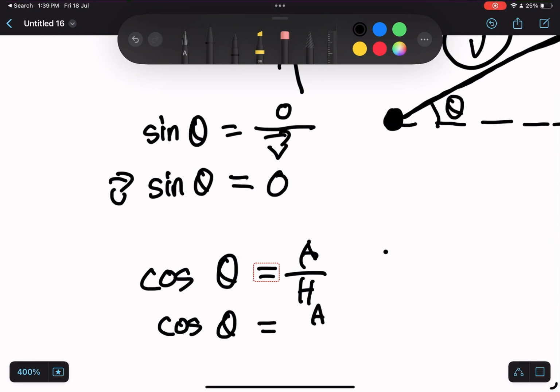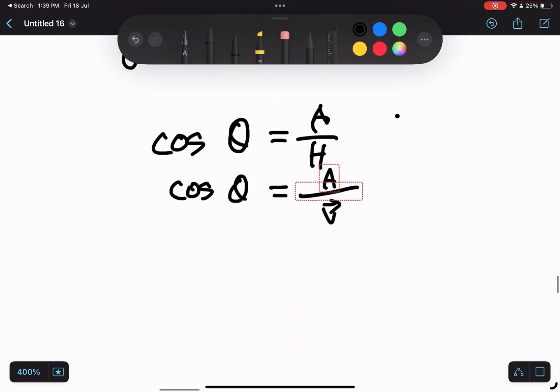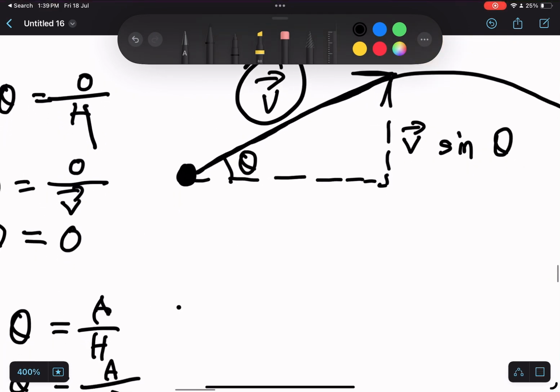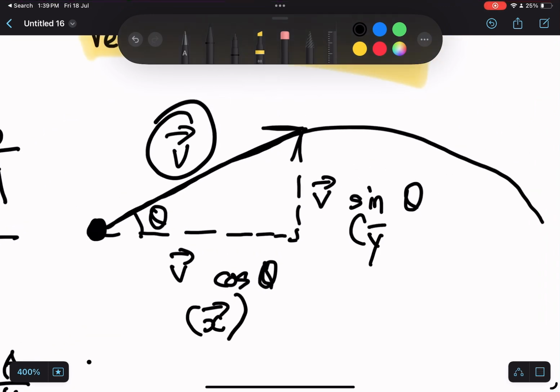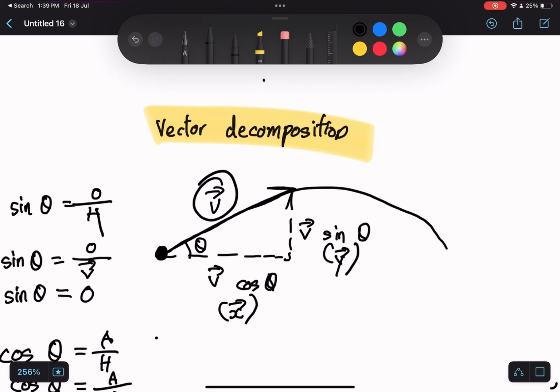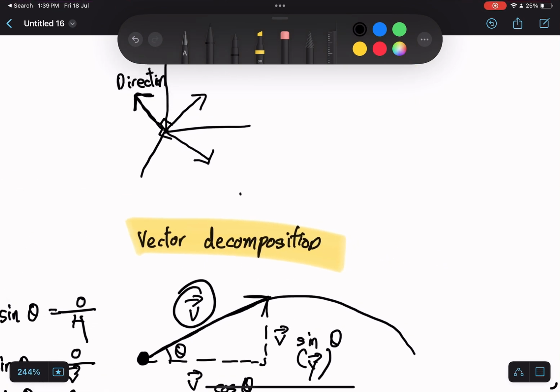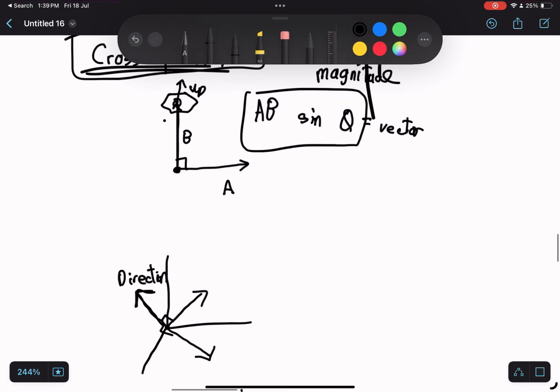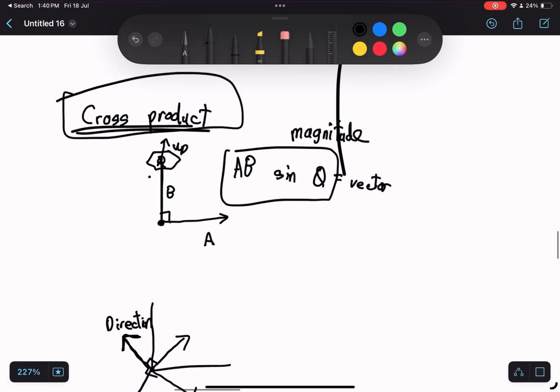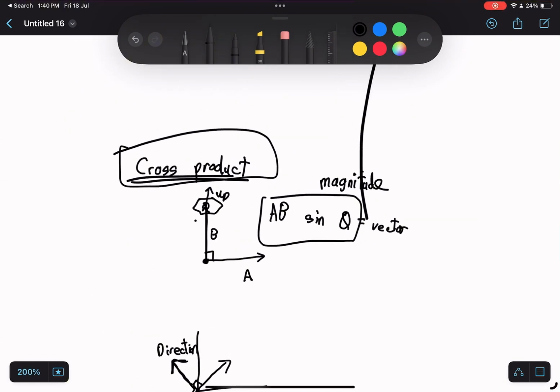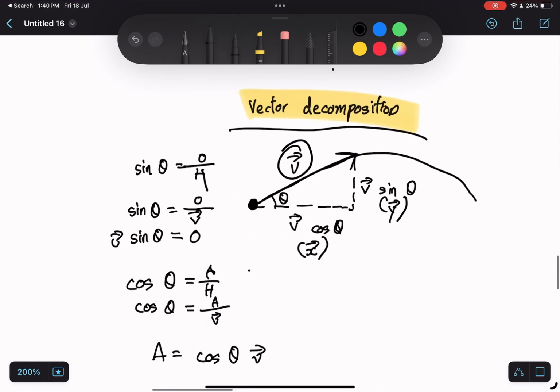Cos theta equals adjacent over velocity, so adjacent equals cos theta times velocity. And like that, we have its x-axis to be velocity times the cos of theta. And we have successfully decomposed our vector into its x direction and y direction. This will simplify problems greatly in the future, where we will not need to deal with multiple directions at once. So this is basically what vector decomposition is.